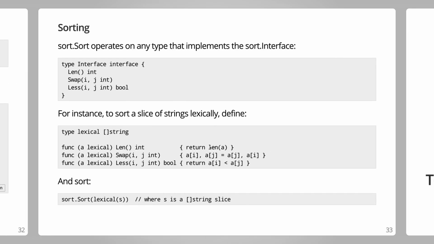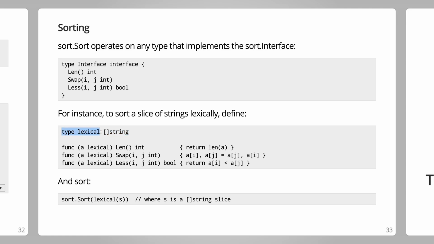So I mentioned this interface, which defines Len, Swap, and Less. As I mentioned, this is what's needed in order to sort some type of data. So if your type here, Lexical, contains a slice of strings, this is how you declare a slice of strings.